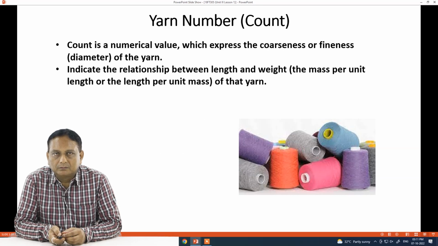Now count is a numerical value which expresses the coarseness or fineness. Fineness also talks about the diameter of the yarn, and it indicates the relationship between length and weight, that is the mass per unit length or length per unit mass of that yarn. So that is called the yarn number.